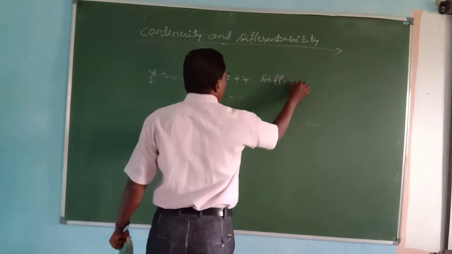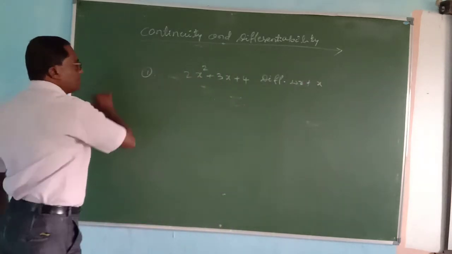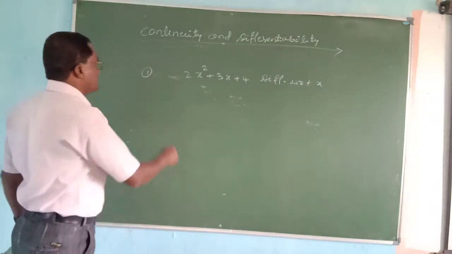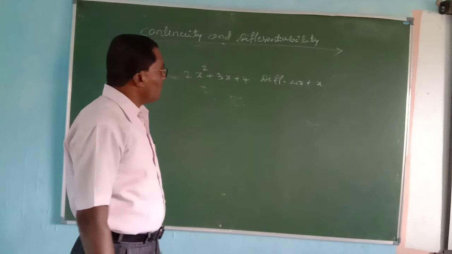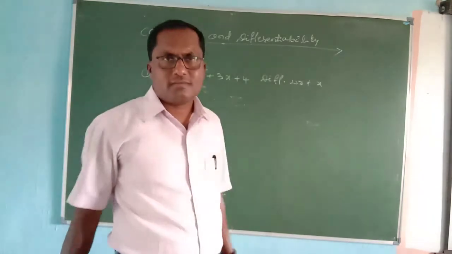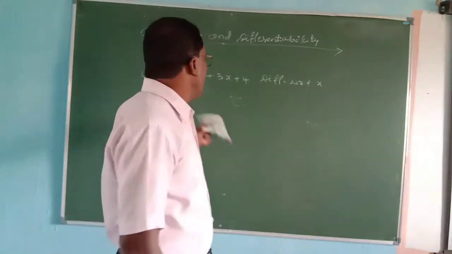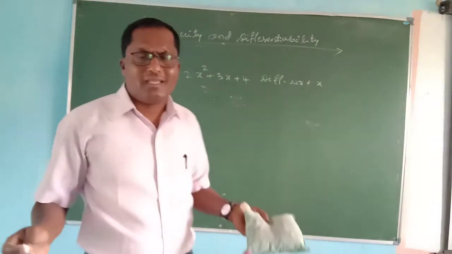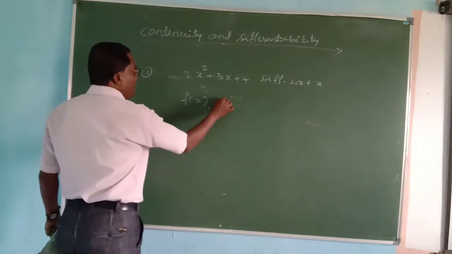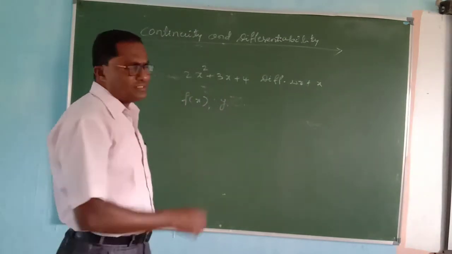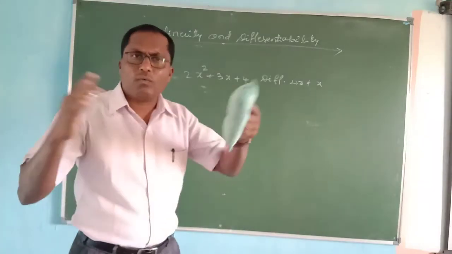Find the differentiation of 2x square plus 3x plus 4 with respect to x. f of x is the same and y is also the same. These are the functions. So, in this way, how could we solve?